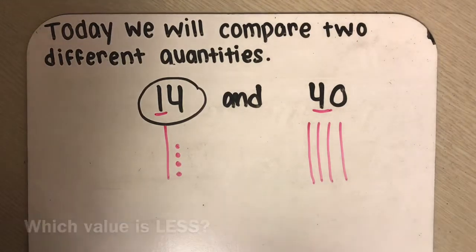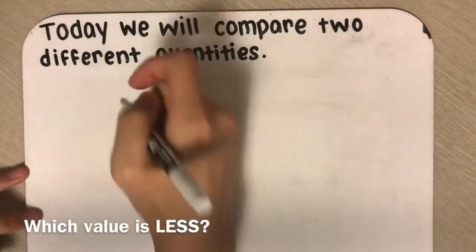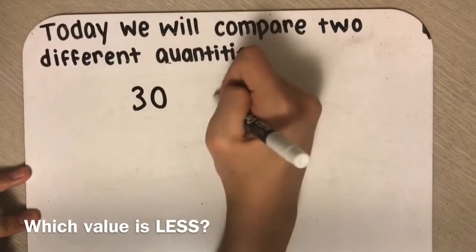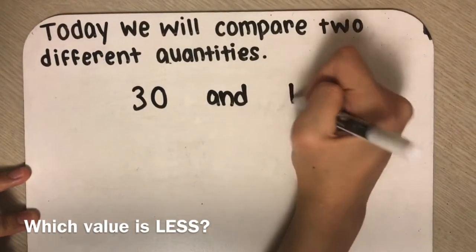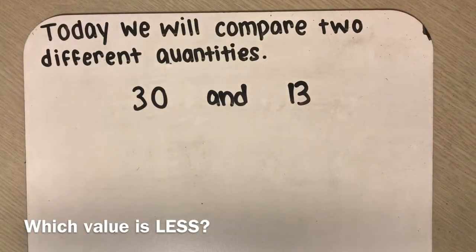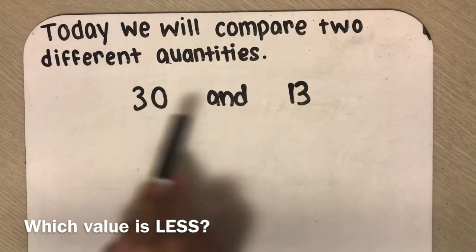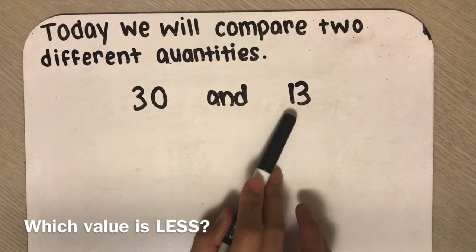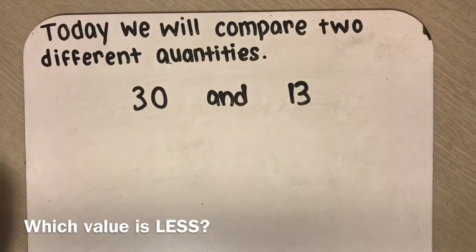Great job, first graders. What if we looked at this problem? 30 and 13. Stop and think. Which number is less? Is 30 less than 13 or is 13 less than 30?